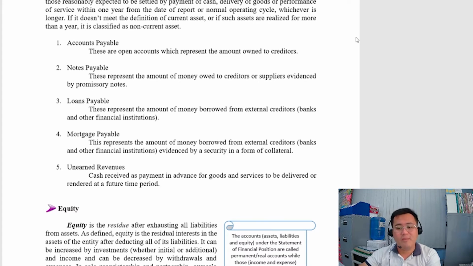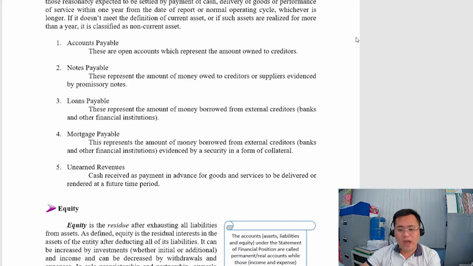Mortgage payable represents the amount of money from external creditors such as banks and other financial institutions, evidenced by a security in the form of collateral. So if you make a loan from the bank and the bank requires collateral, for example, our title of the lot or the land or our building or our vehicles, then that is defined under mortgage payable.